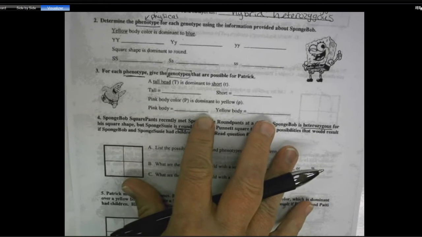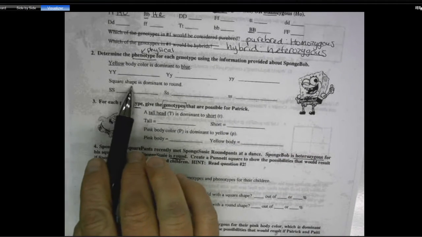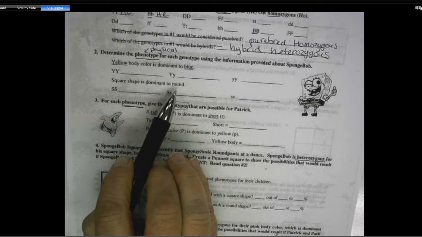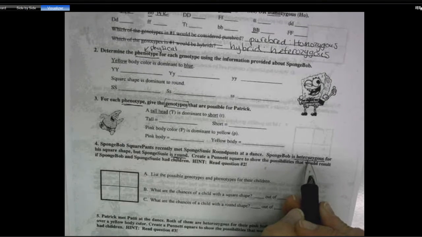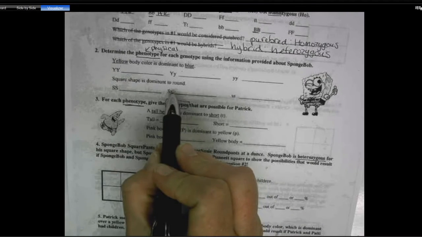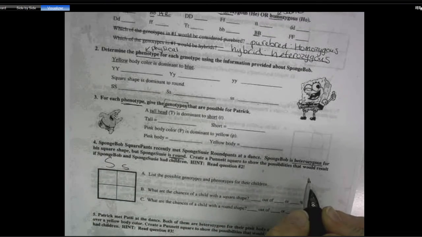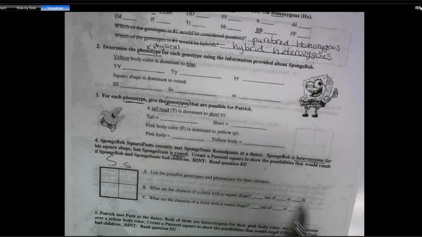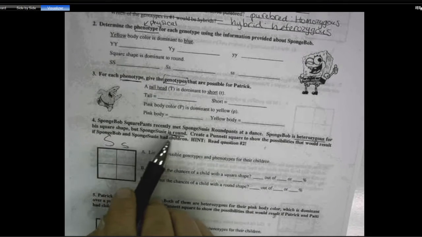So if we go up to question 2, it tells us here that square shape is dominant to round. So it tells you SpongeBob is heterozygous, which means he's different and that he is square. So this one, uppercase S, lowercase s, tells us that not only is he square, but he's heterozygous, okay? And then it says Sponge Susie is round.